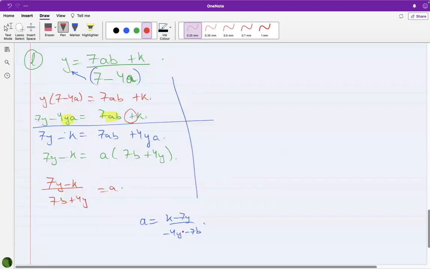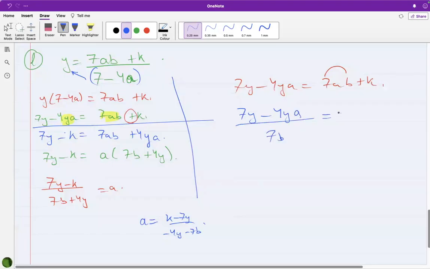So I moved the 7b, left the a plus the k, and then I subtracted the k afterwards. Yeah, that's not allowed. You actually took the 7b and divided it on the other side. We cannot do that.